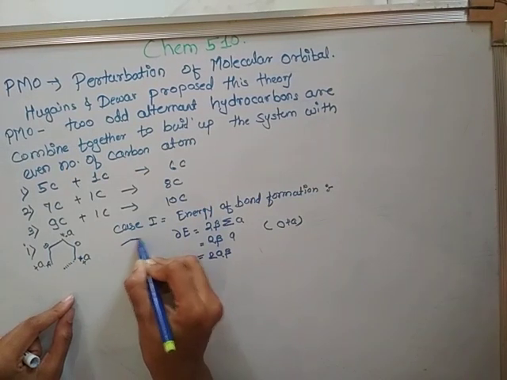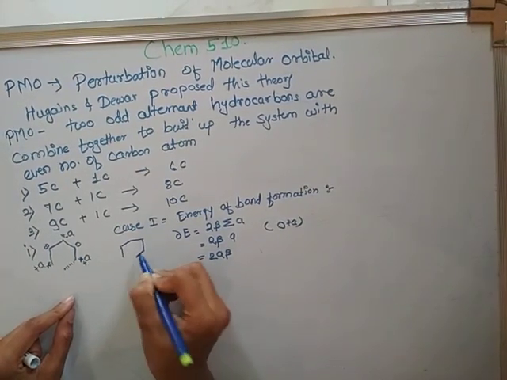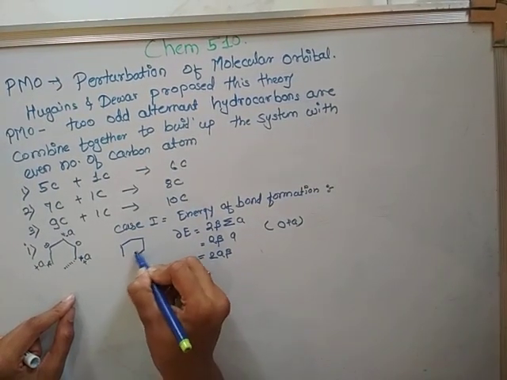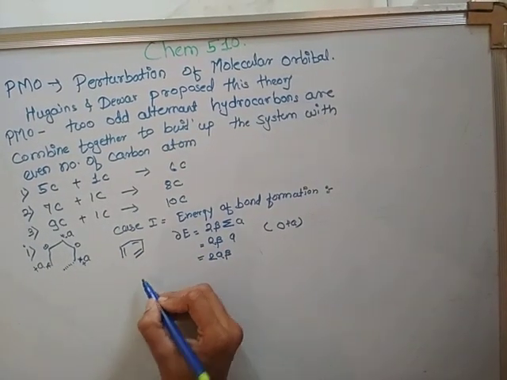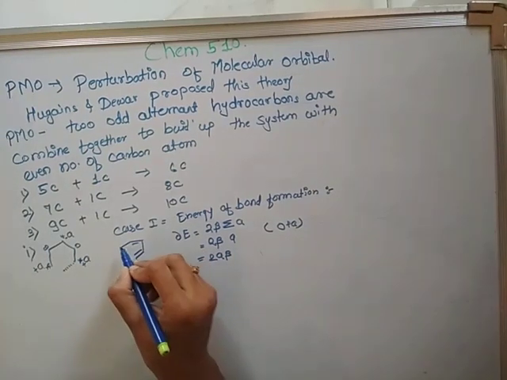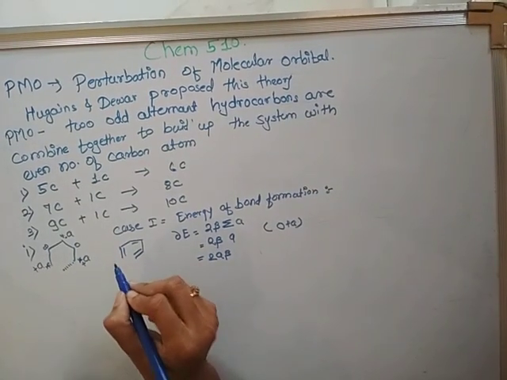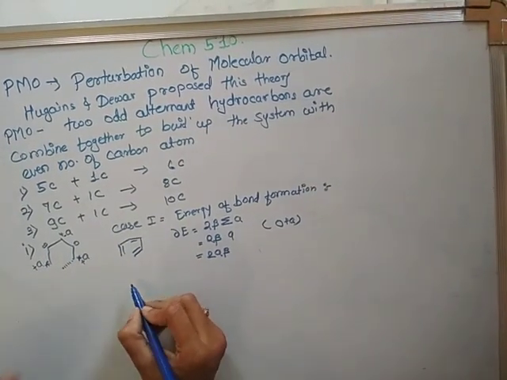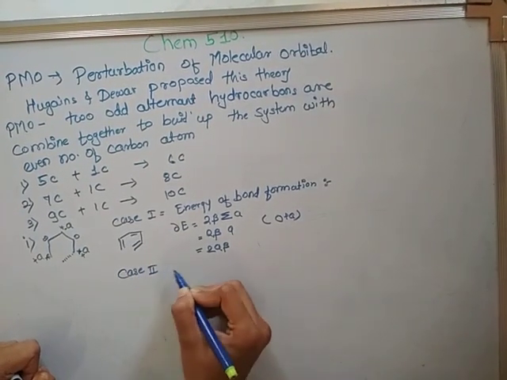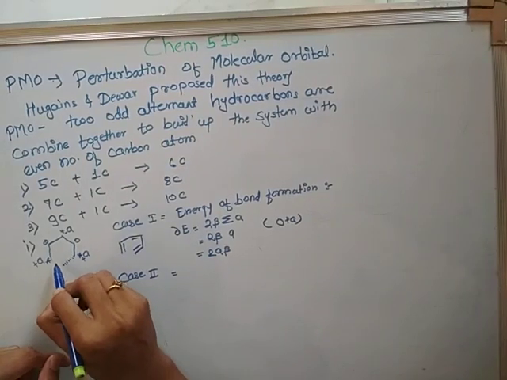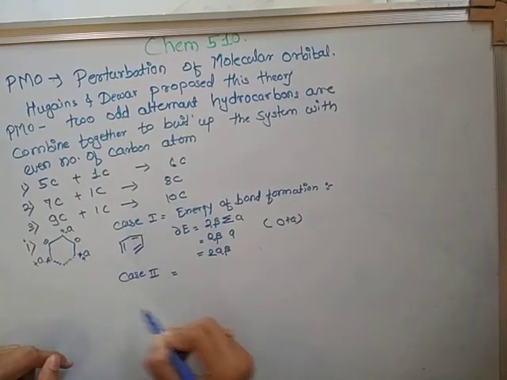Now in case first, this structure has the name 1,3,5-hexatriene. In case second, formation of this bond also takes place.